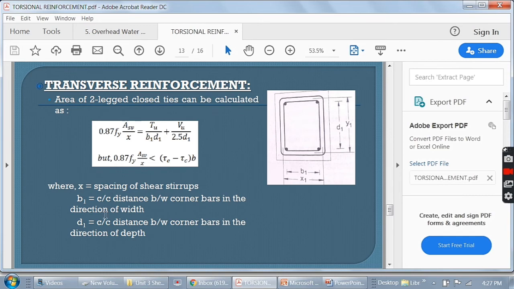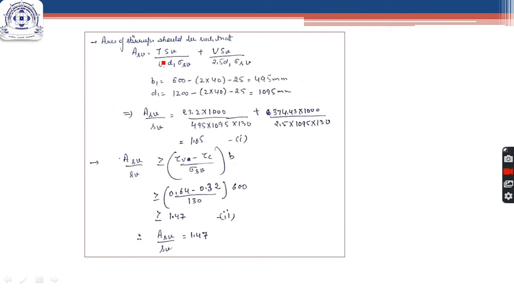And B1 and D1, B1 is the center to center distance between corner bars in the direction of width. So this is the B1, center to center distance between the corner bars, and D1 is the center to center distance between the corner bars in the direction of depth. So we substitute it here, T into Sv upon B1 D1 sigma sv plus V upon sigma sv. This is the same formula which I have shown you.